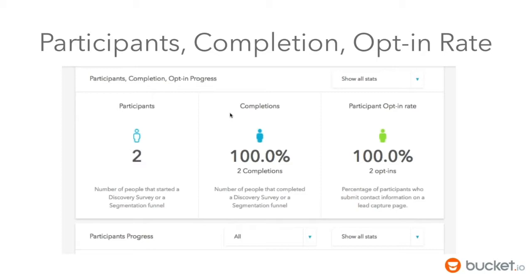Completions are the people that actually completed the survey, but they didn't opt in. They didn't want to provide any contact information for whatever reason. And then you have your participant opt-in rate, which is, of course, they provided whatever information you requested.